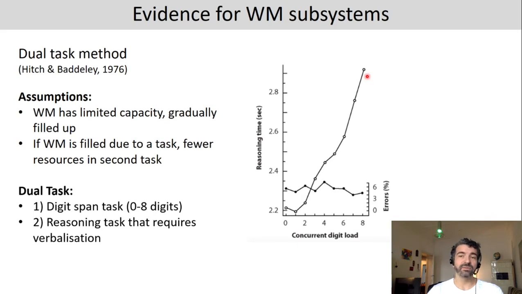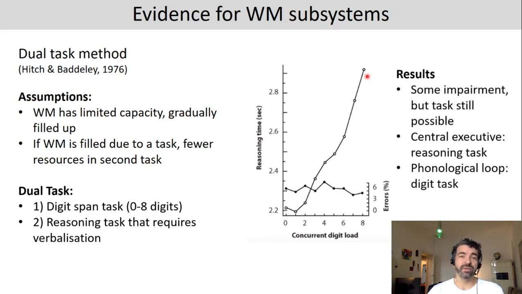However, it is also important to note that even though there was some impairment, the task is still possible. So participants could still do the task, and this clearly suggests that the central executive is quite powerful, can take over the reasoning task, while the phonological loop is really just used for the digit task. So this shows that even though both tasks might use the phonological loop, the central executive allows switching between tasks and doing two things at the same time.